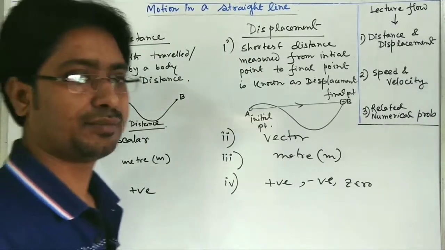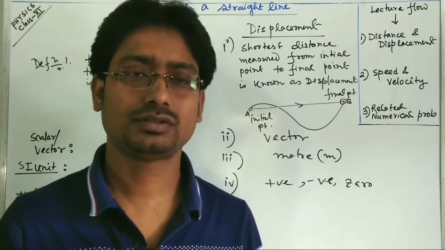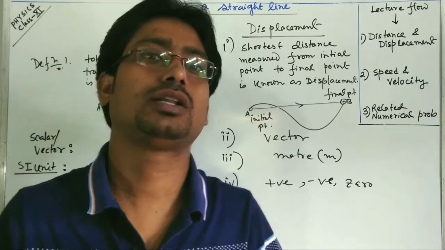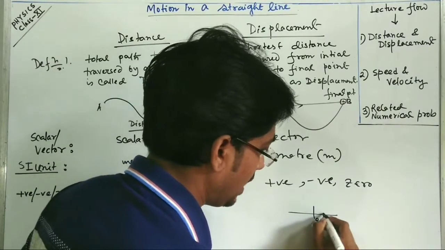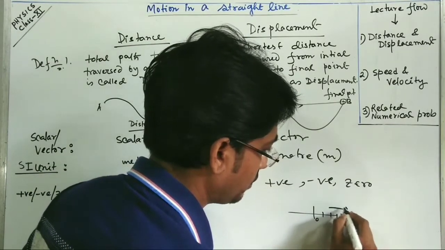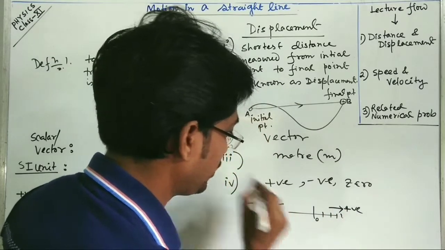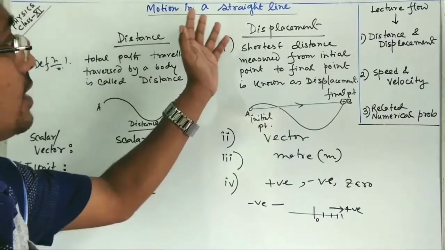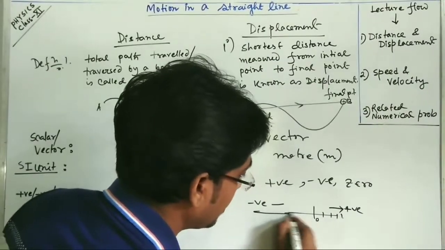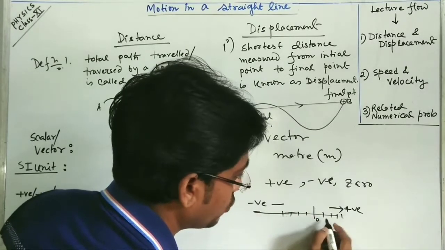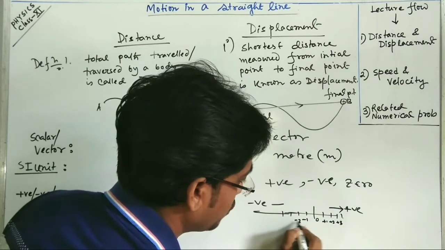Suppose, as I told you in the previous video, we take some origin from where we describe our motion. If we take the origin O, this will be the positive direction and this will be the negative direction along the x-axis, because we are considering one-dimensional motion. That's why I have taken one straight line here: positive +1, +2, +3, and negative -1, -2, -3.